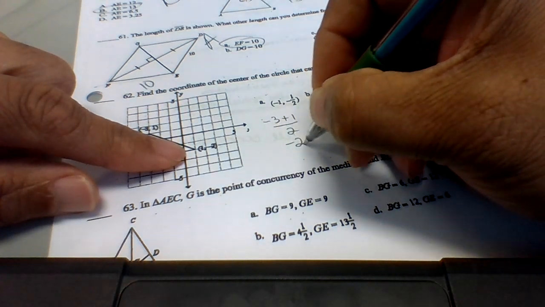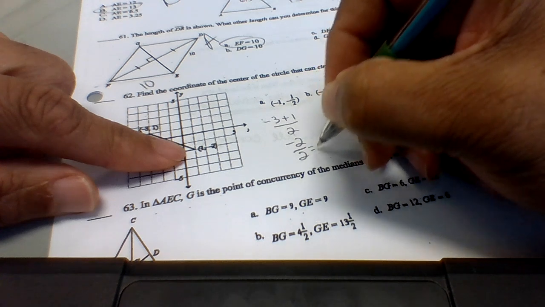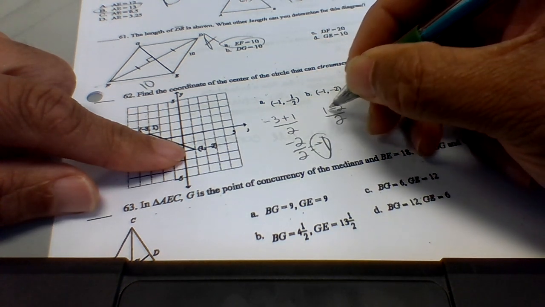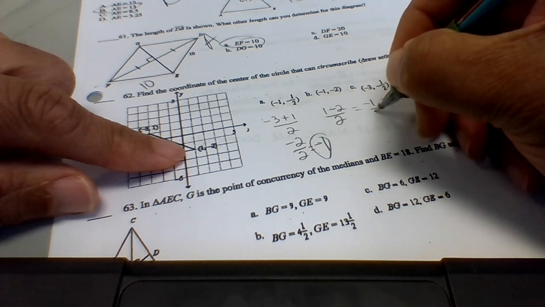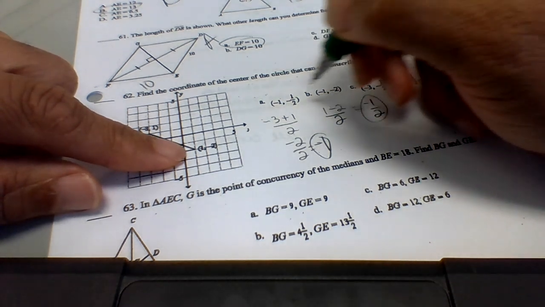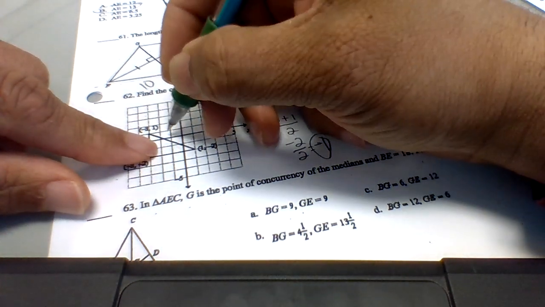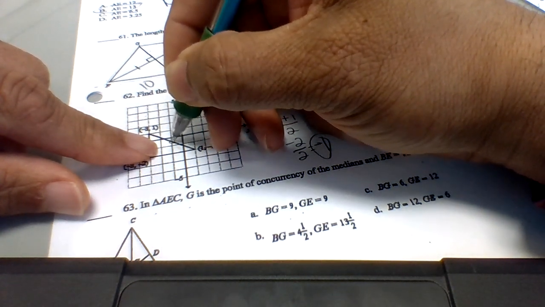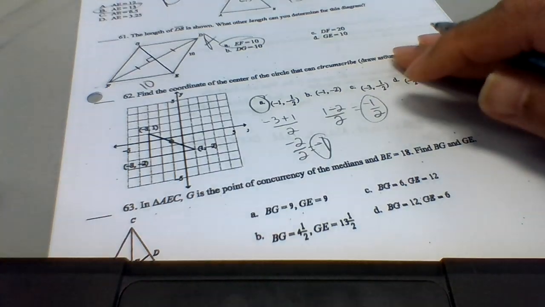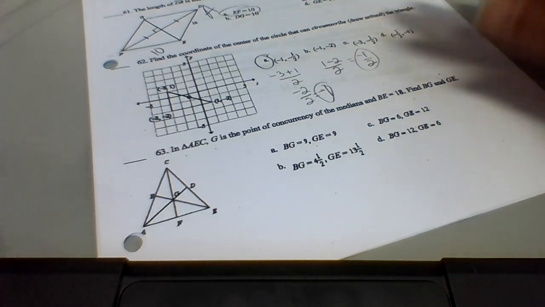So this is going to give me -2 over 2, which is equal to -1. That's my x. And this is going to give me -1 over 2. So -1/2 is my y. So this is A. If I go over 1 and then down half, this is a point which is halfway between those two. All right.